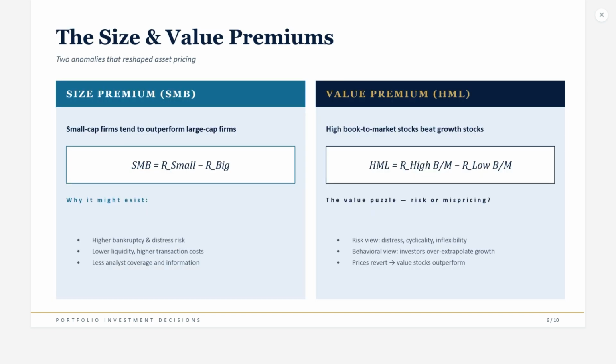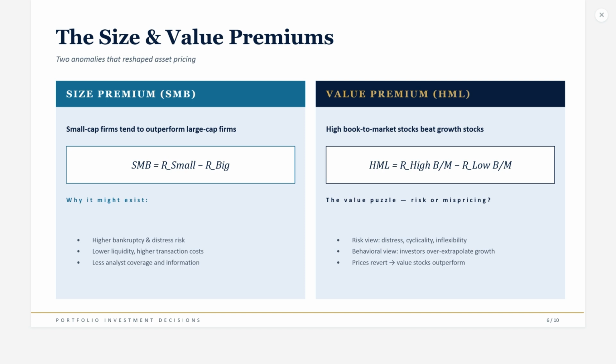Whenever it comes to the size and value premiums, the size premium can be described as R small minus R big. It might exist due to higher bankruptcy and distress risk, lower liquidity, and higher transaction costs. Also, less analyst coverage and information.